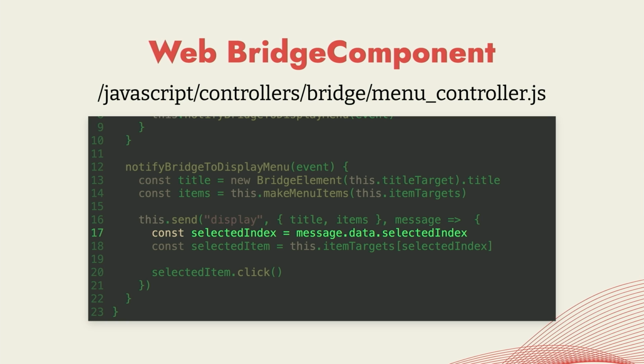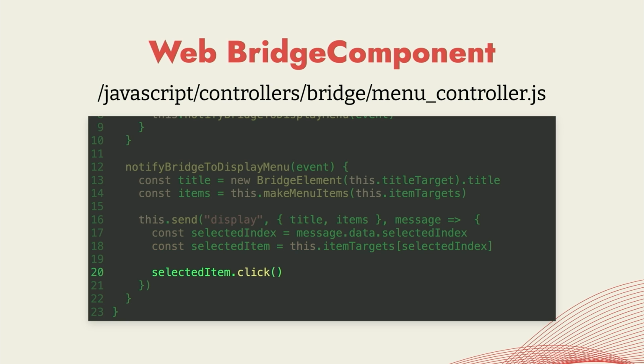Whenever a menu item is tapped in the native app, we're going to extract the selected index from the reply message that was passed from the native component. And then we're going to use that selected index to get the target of the button that was tapped on the native side.